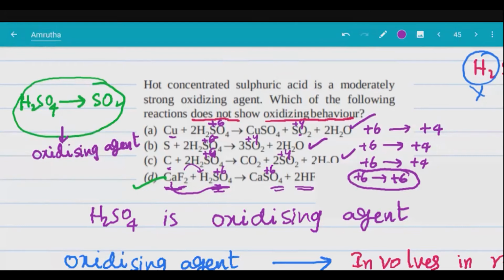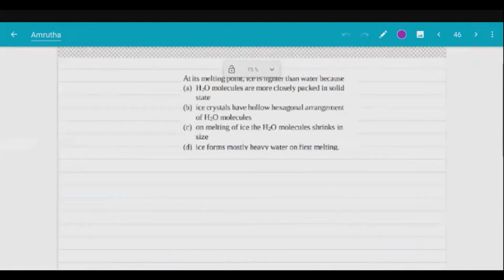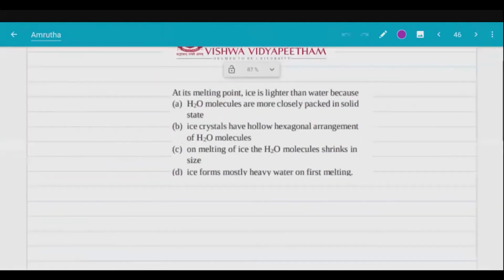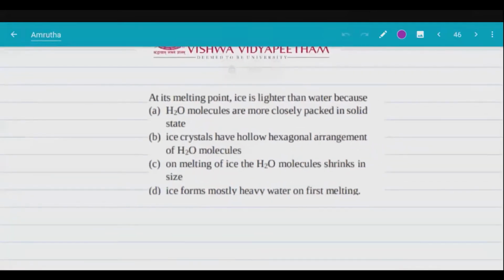Shall we move on to the next question now? Okay, see this question from hydrogen and its compounds. Look at this carefully. At its melting point, ice is lighter than water. Just read the options, I'll tell you.